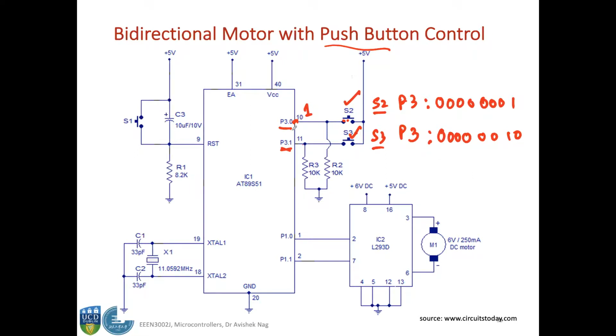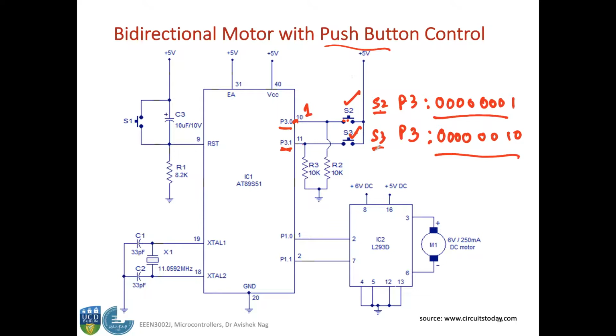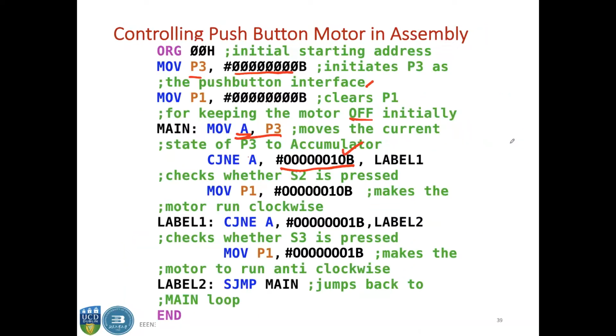Now what you want to do is move these configurations, based on whether S2 is closed or S3 is closed, to the accumulator and then compare it with either this number. If this is the number, it means S3 was pressed.